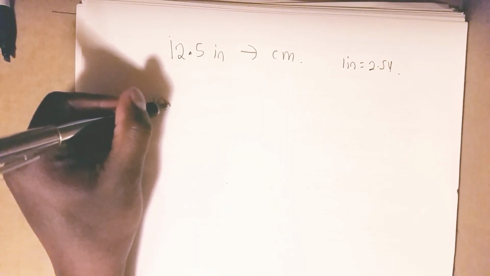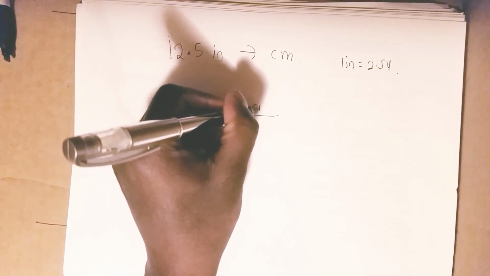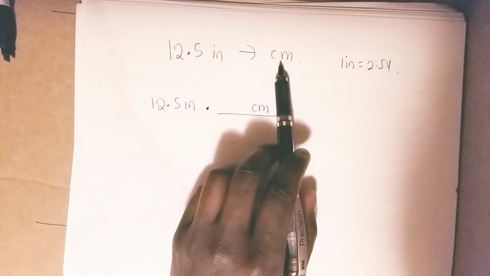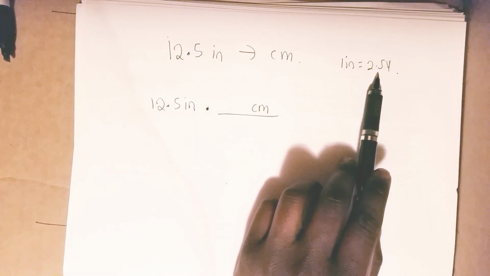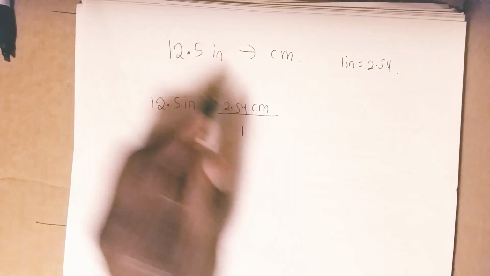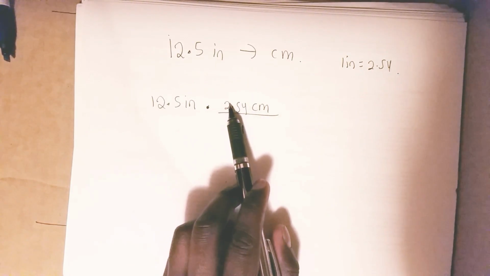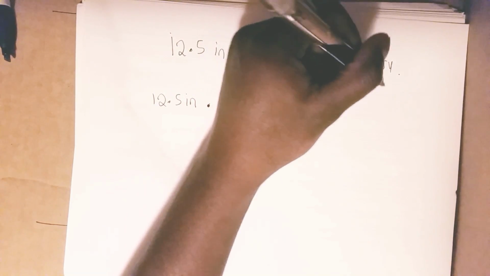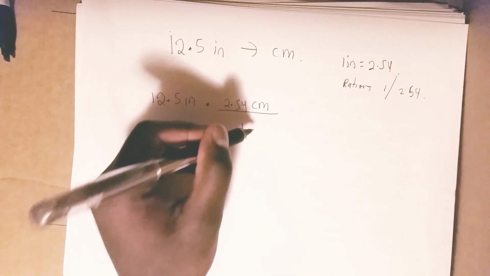So you take the 12.5 inches and multiply it by a ratio, with the unit you want to convert to on top. 1 inch is 2.54 centimeters, so centimeters go on top: 2.54 centimeters over 1 inch.